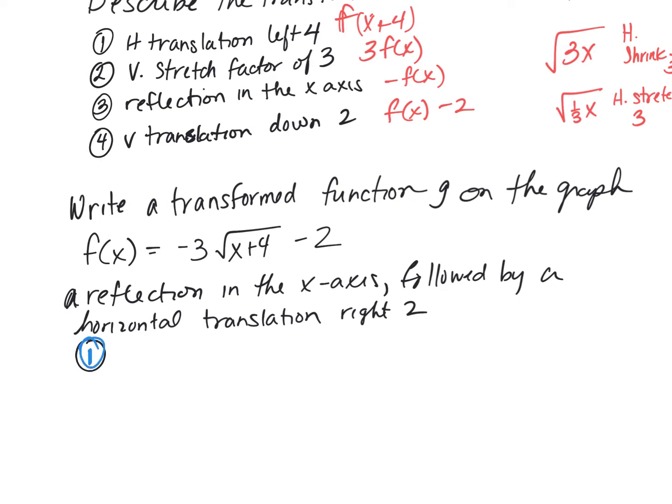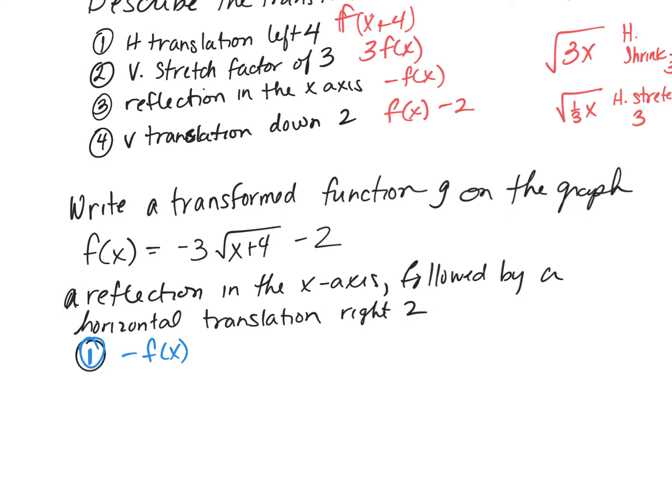First thing we're going to do, how do I write the function notation for a reflection in the x-axis? Negative f of x. Reflection in the y-axis is f of negative x. Right? Anything horizontal is inside the function. Everything vertical is outside the function.